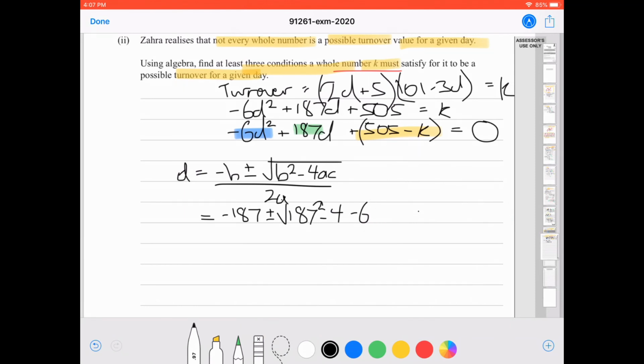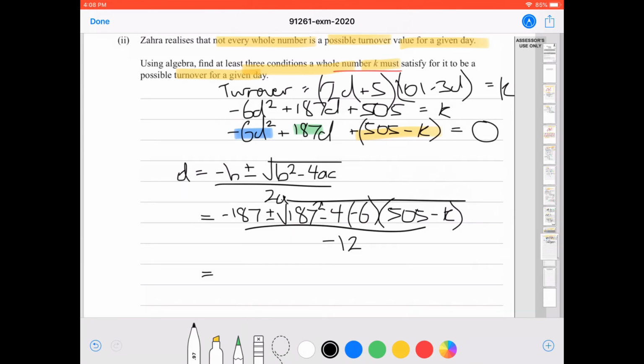Times 505 minus k. Okay, and that's all over 2a, which is 12 here. Minus 12, that is.